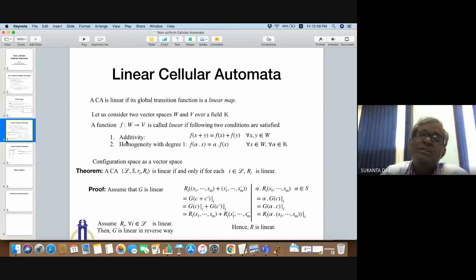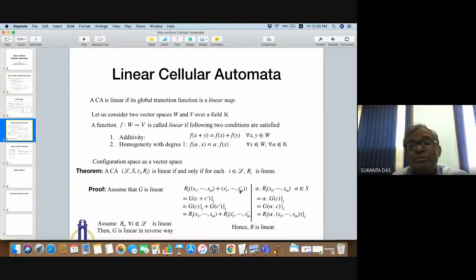You consider any cell i of L. For that you consider two neighborhood configurations, s1 to sm and s1 dash to sm dash.